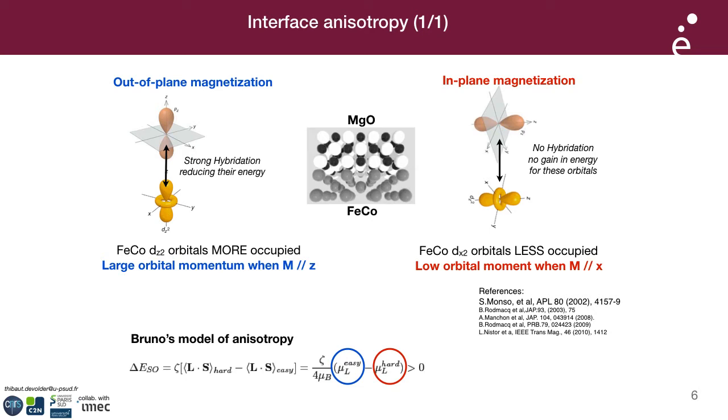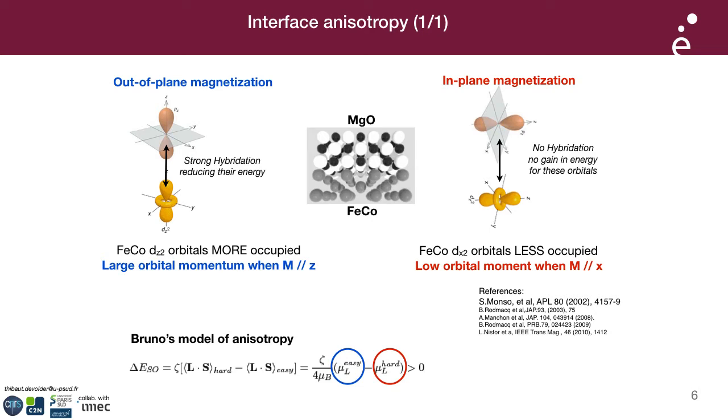Okay? And because there is some locking of the momentum, of the angular momentum, and of the spin because of spin-orbit coupling, these orbitals that will be less populated will carry less orbital moment than these orbitals. Okay. And most people remember from their classes the Néel model of anisotropy, which expresses that the anisotropy energy of a magnetic system depends on the spin-orbit coupling times the anisotropy of the orbital momentum.